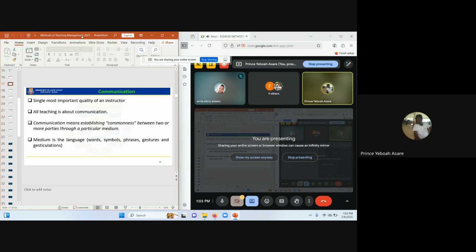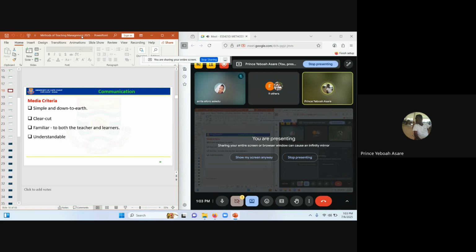Meaning, we must pay attention to these areas: our words, our symbols, our phrases, our gestures when we are instructing our students.